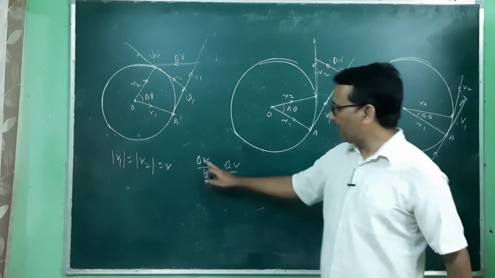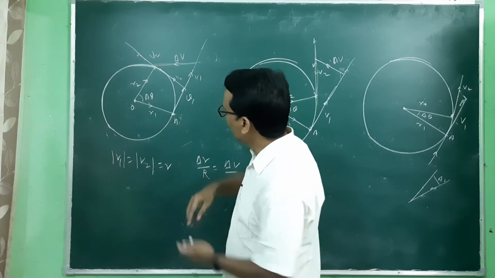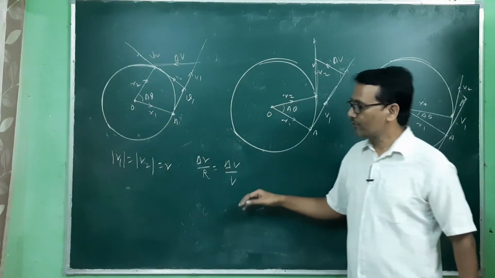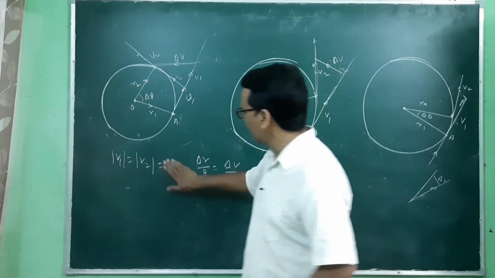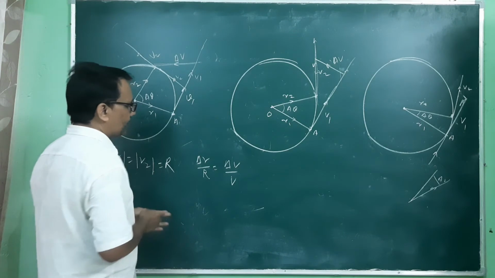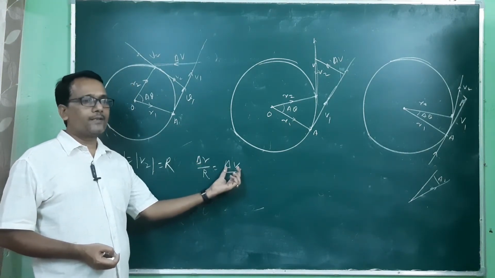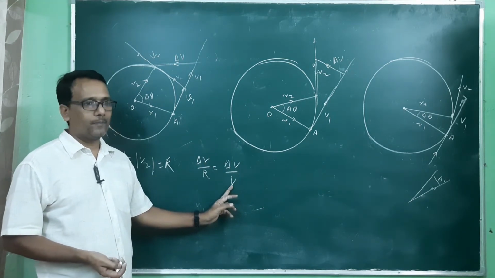So this delta R by R, the delta R is this change, where is that one? This change delta R here to here, and this is theta. So arc upon radius. So arc is delta R, and this radius is capital R. यहाँ मैं small r ले लिया क्या? This is capital R. Let's say. So this is delta R by R. Similarly, this delta V is change in velocity in each diagram, and that V is the constant velocity at a particular point, or the average one.